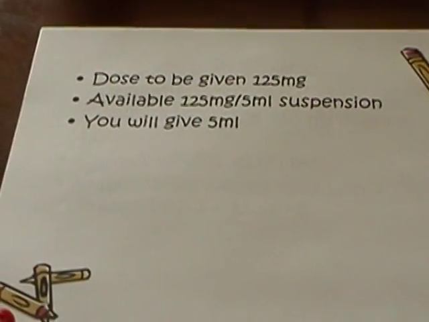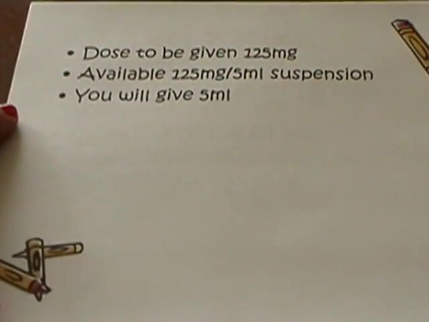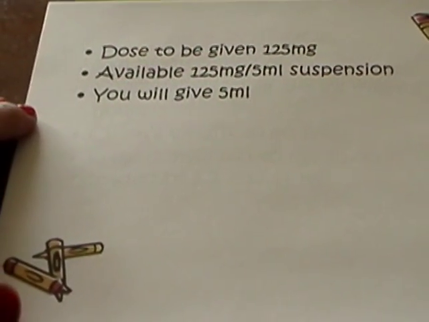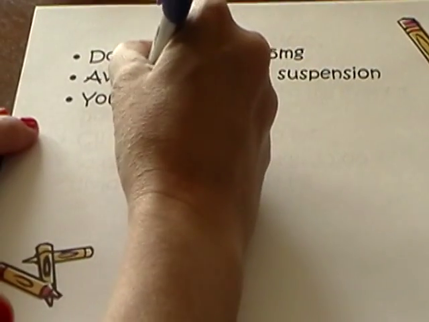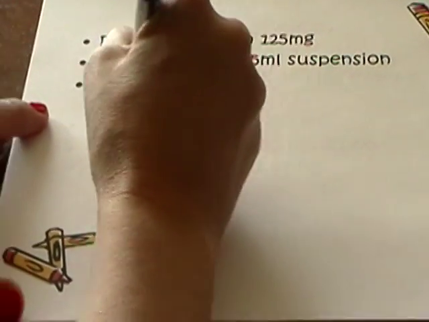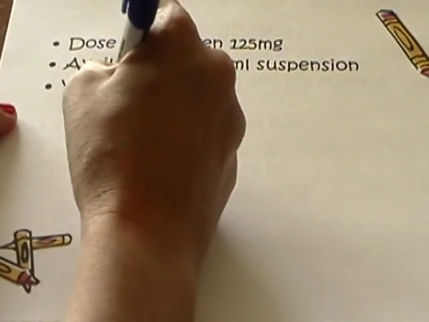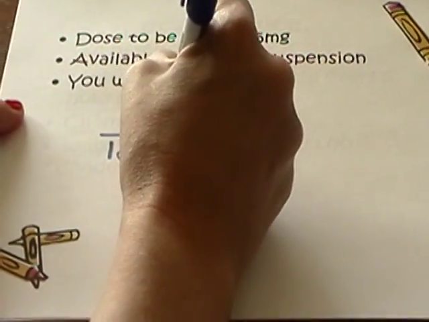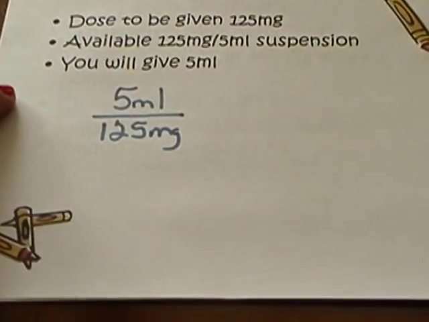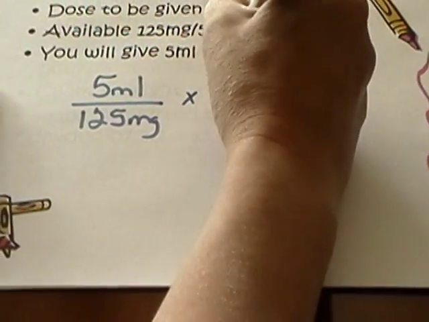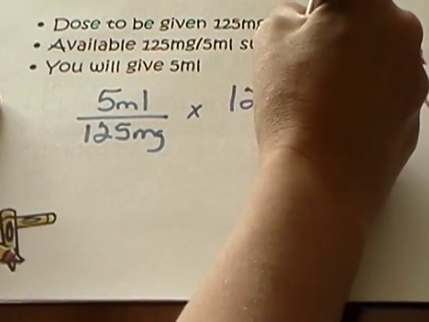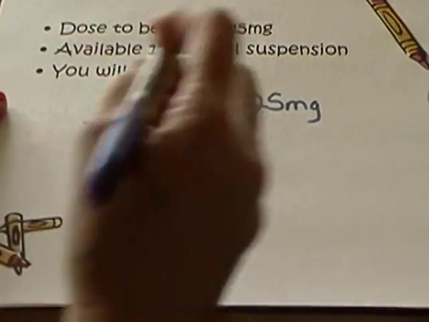How did we arrive at that? We look at our label, and that's always the first step in your dimensional analysis. We have 5 milliliters and 125 milligrams in that 5 milliliters. We want to give 125 milligrams.